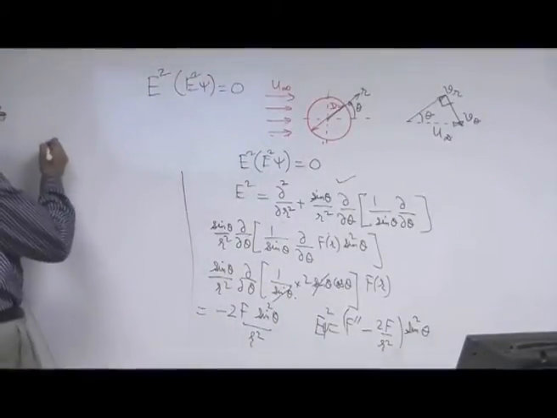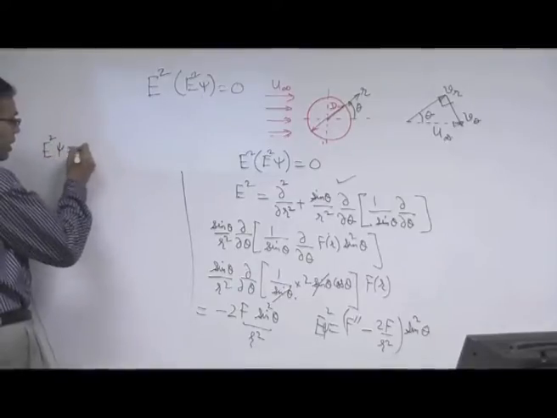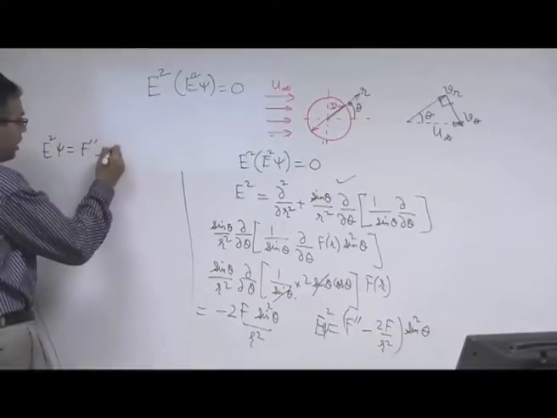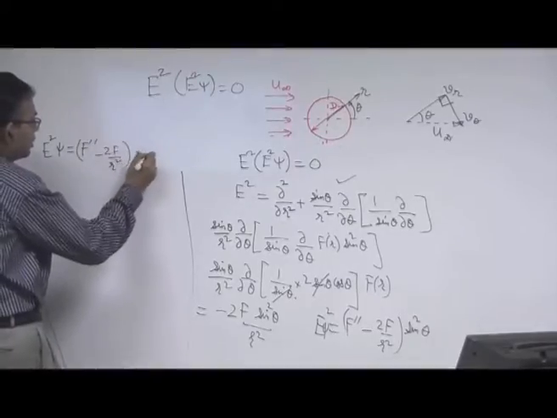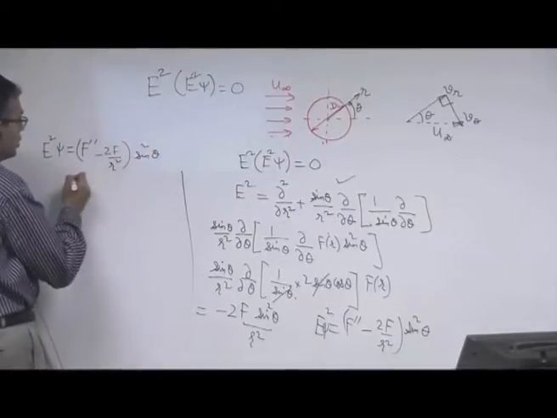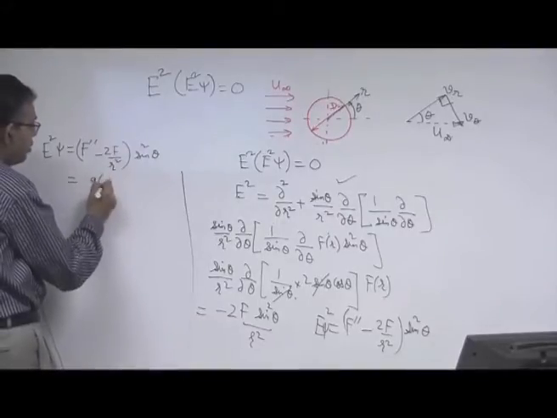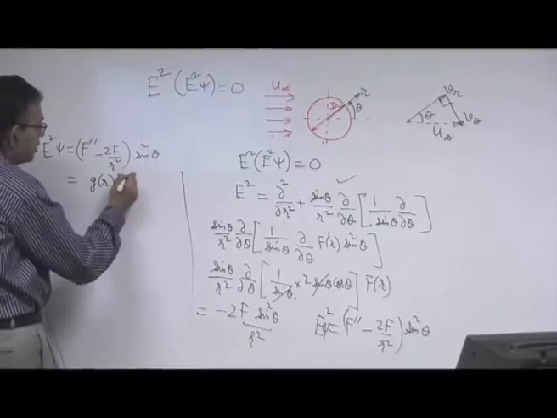So, E square psi we can write f double dash minus 2f by r square sin square theta. This is say g of r into sin square theta.